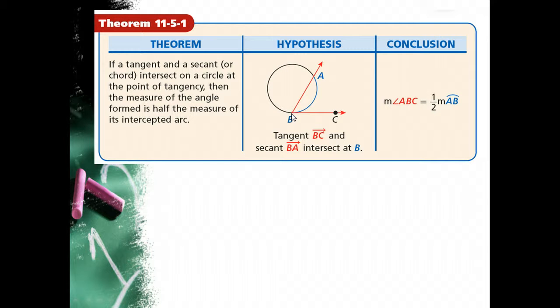This is the point of tangency B. And we have a secant, AB, and they both intersect at B on the circle. So the intercepted arc, AB, is the part we have to use to find the measure of this angle. The angle is half the measure of the arc. Let's look at an example.